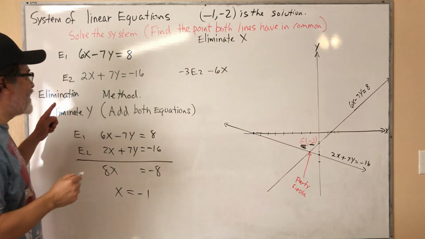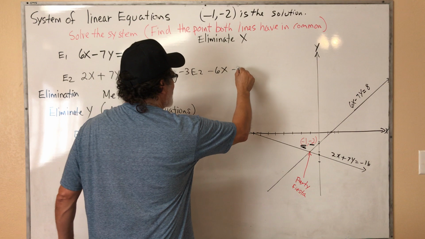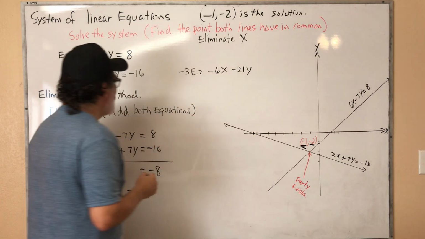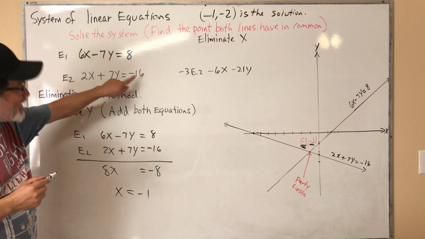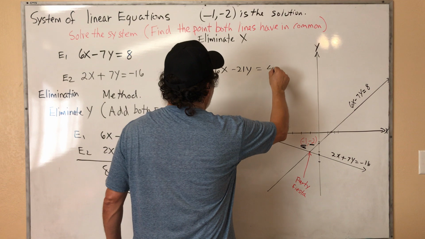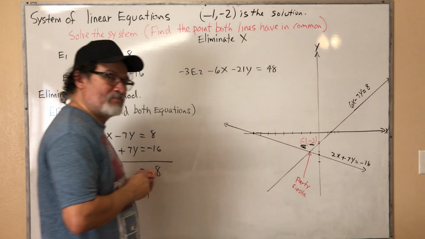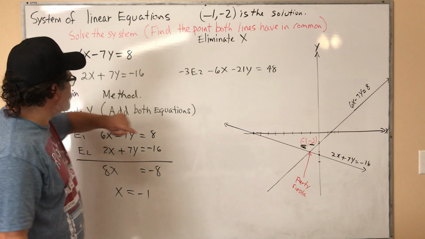What's -3 times 7y? -21y. What's -3 times -16? Equals 48. Okay, that's -3 times equation 2 right there.